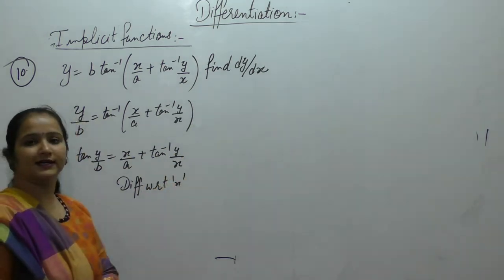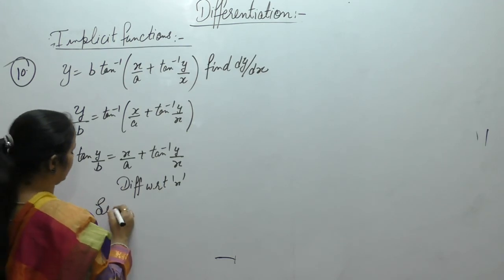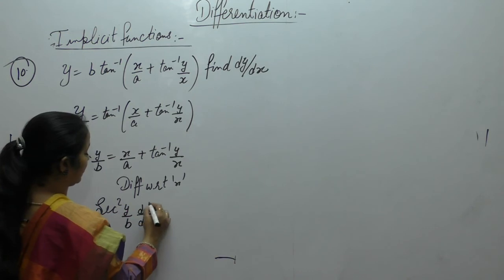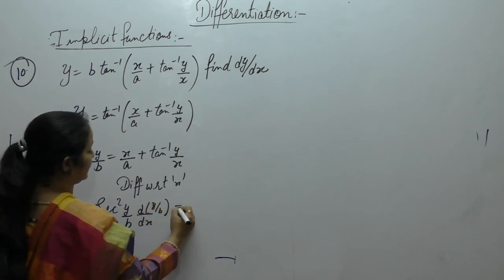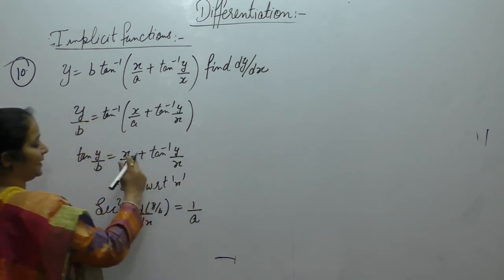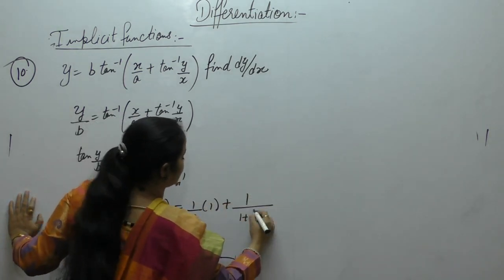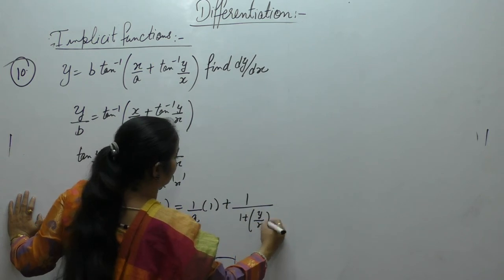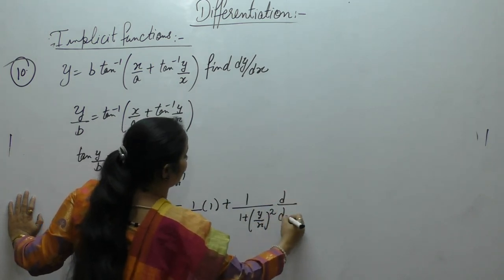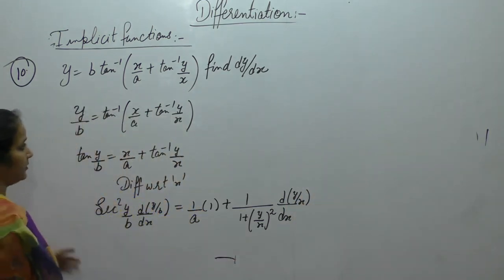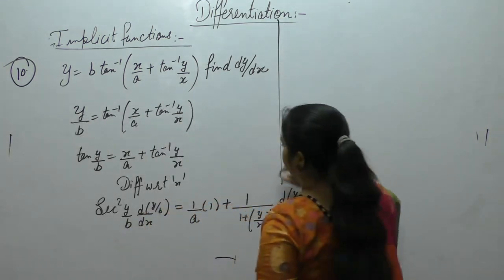Derivative of tan is sec square y upon b, then derivative of y upon b. 1 upon a is constant, derivative of x is 1, derivative of tan inverse is 1 upon 1 plus x square, where x is y upon x, so we will have to take the derivative of that also. So what do we get?